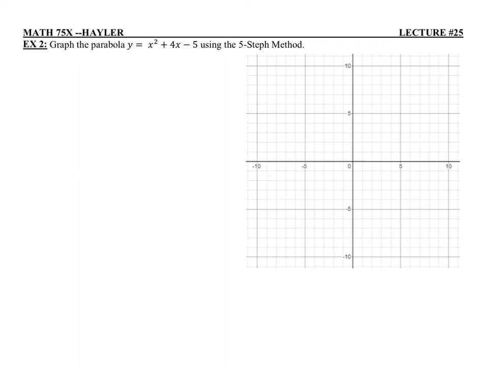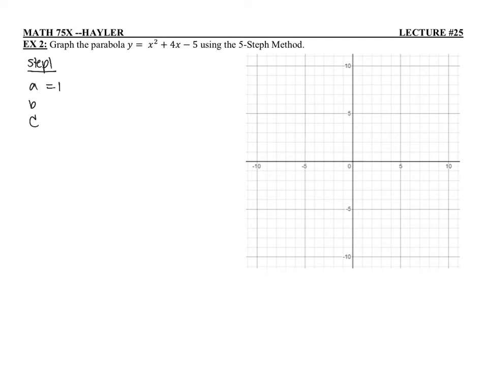Alright, so step 1 is to label the ABCs. The a value is the value in front of x squared, which is 1. The a value will also tell us if a parabola is opening upwards or downwards. How will we know this?